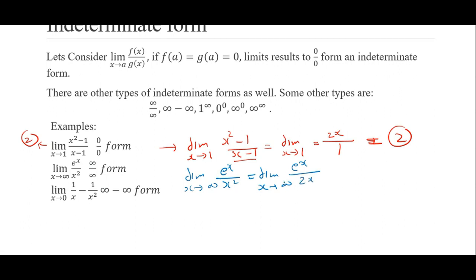Now if we put infinity, you will find it is again in infinity by infinity form, because e^infinity is infinity and 2 times infinity is infinity. Now take the derivative again, because it is again infinity by infinity form. Now it is e^x / 2. Now it is not in infinity by infinity form. It is e^infinity / 2, which is equal to infinity. So I hope it is clear to all of you now.